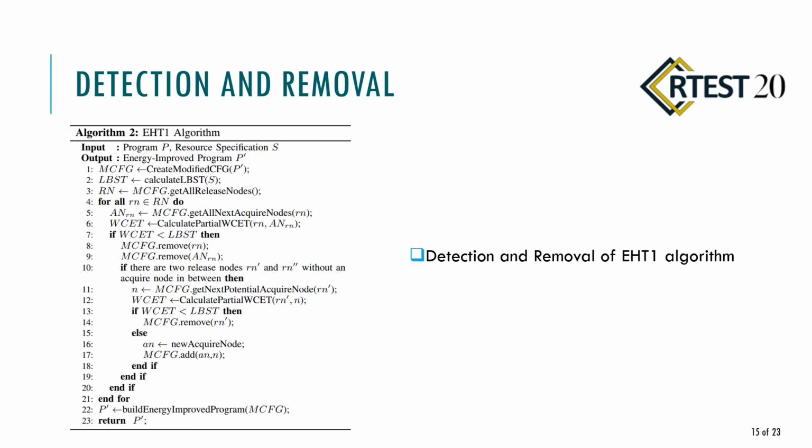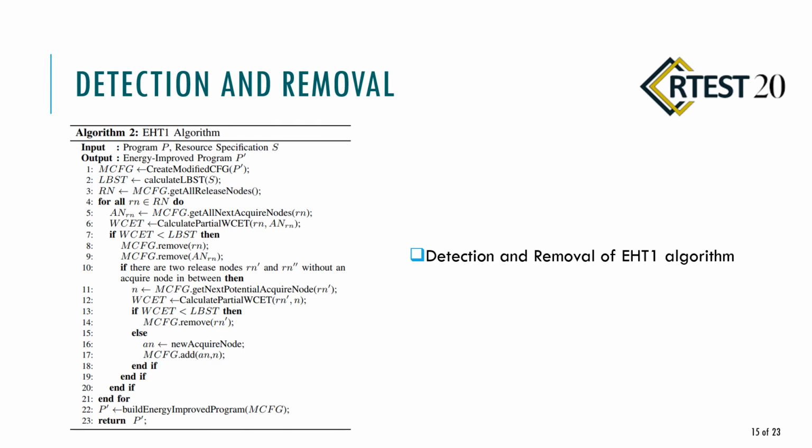The procedure for removing EHT1 is presented in this algorithm. It gets a program along with resource specification and generates the energy improved program. The algorithm starts by constructing the modified CFG in line 1. Next, it calculates LBST based on the previous slide for the resource specification in line 2.